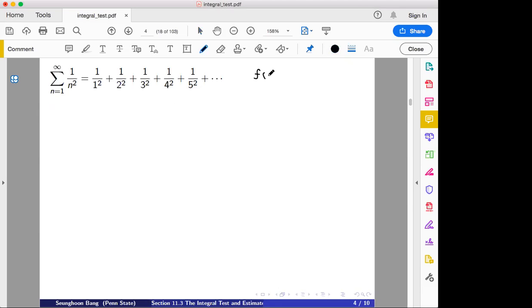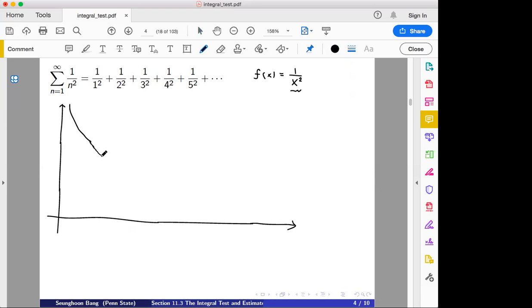Next, you can sketch the graph like this. This is 1 over x squared.